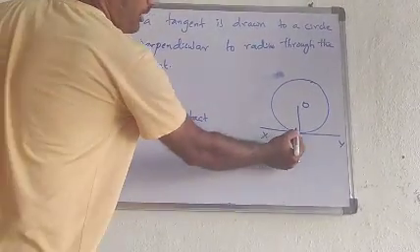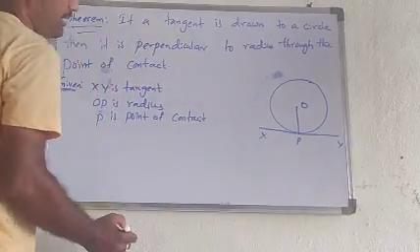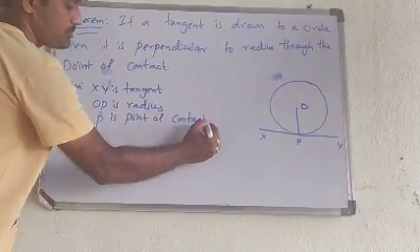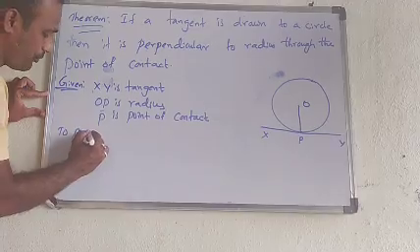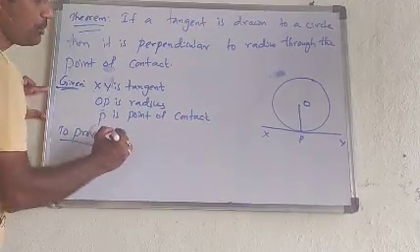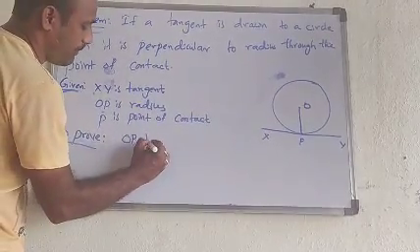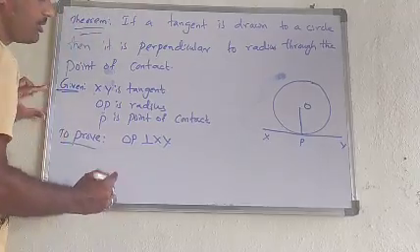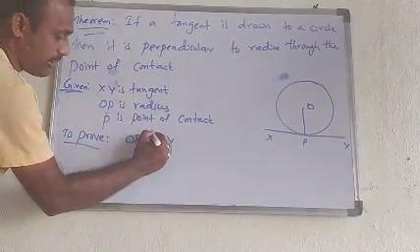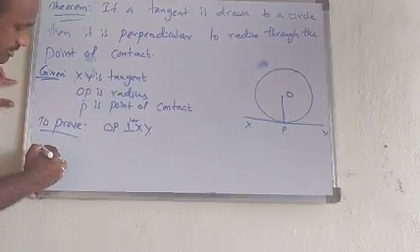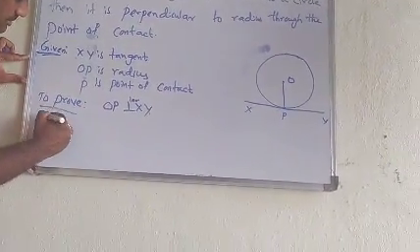It means that where the tangent and radius touch, that point is called the point of contact. So we need to prove that OP is perpendicular to XY. This is the symbol of perpendicular. So let us start the proof.